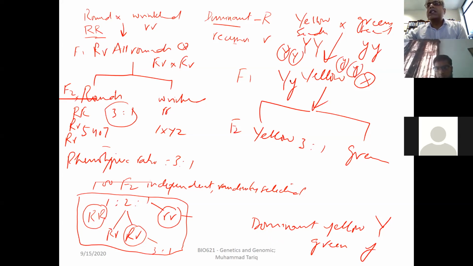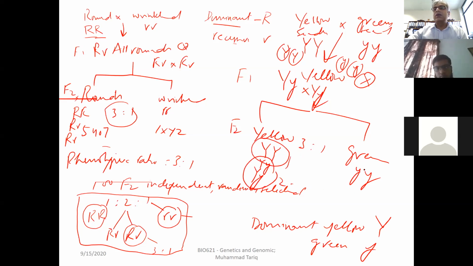It's random fusion, so this will be F1. If you self-cross F1, you get 3 yellow, which will be looking like this, and 1 green, which looks like this. This is 3:1 yellow to green, and this one is the 1:2:1 genotypic ratio.